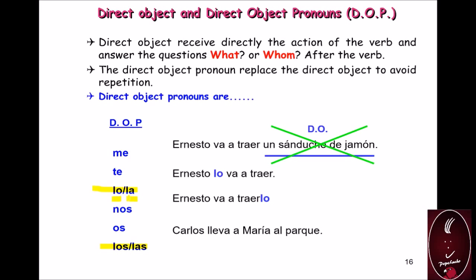I can place here la before the conjugated verb. When I replace the direct object, my example is Carlos la lleva al parque. That's the way I replace my direct object with a direct object pronoun in the sentences.